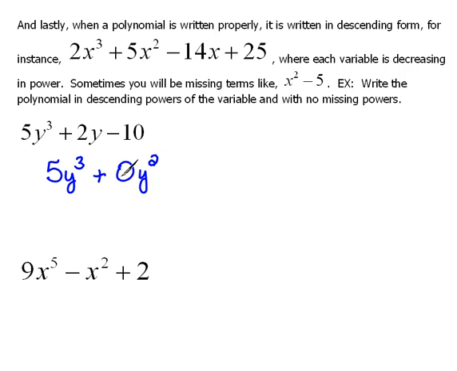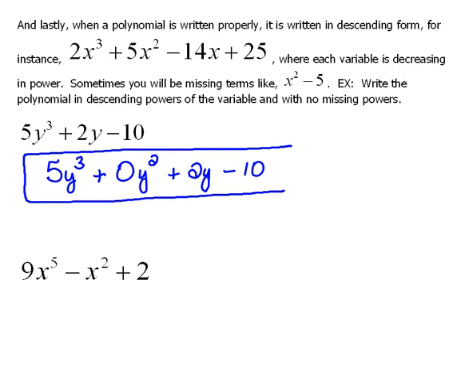So we can literally say we have 0 y squareds. So 3, 2, next would come 1. So we have a plus 2y, and then a minus 10. Now this is in perfect descending order. 3, 2, 1, none.